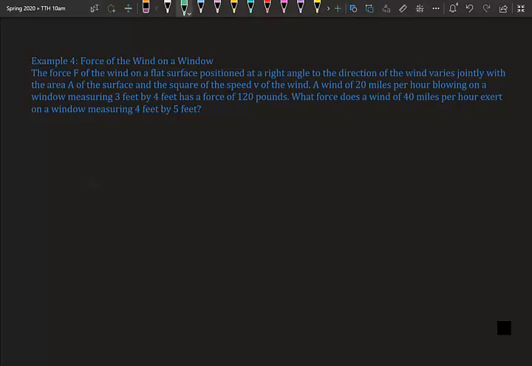So it's saying F, the force of the wind, on a flat surface positioned at a right angle to the direction of the wind varies jointly, so we have equals, because that's the first time we saw varies, with the area on the surface and the square speed V. So square speed V is V squared, because it says the square of V of the wind.